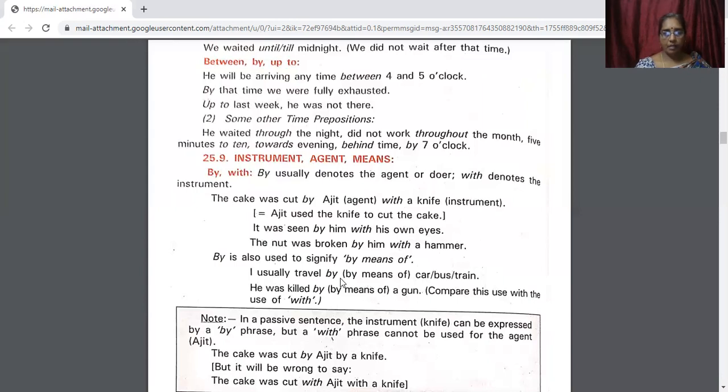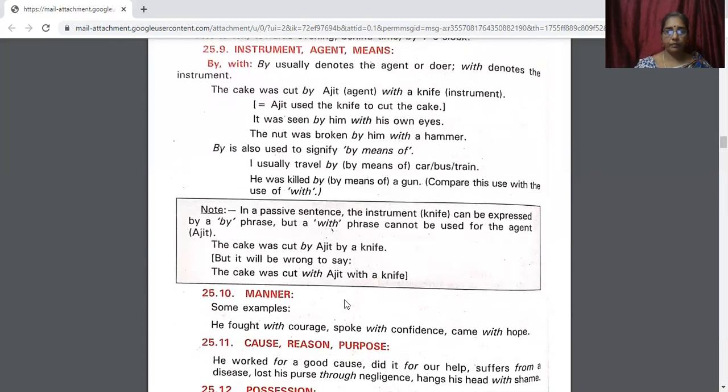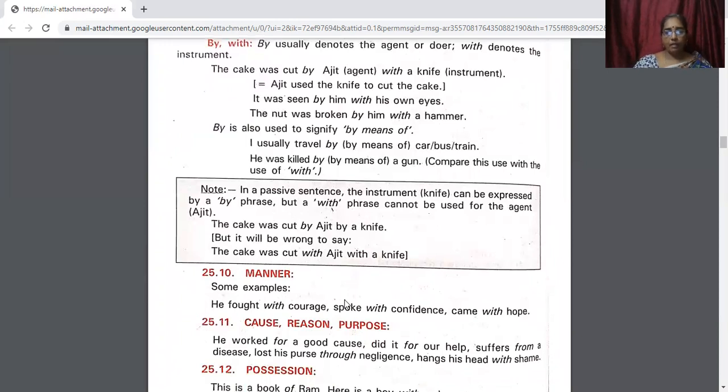If we just compare this with the instrument here, what do we see is, in the passive sentence, the instrument knife can be expressed by a by phrase, but with phrase cannot be used for the agent Ajit. The cake was cut by Ajit by a knife. But it will be wrong to say the cake was cut with Ajit with a knife. We can't use that. So where to use and where not to, that we have to keep in mind.